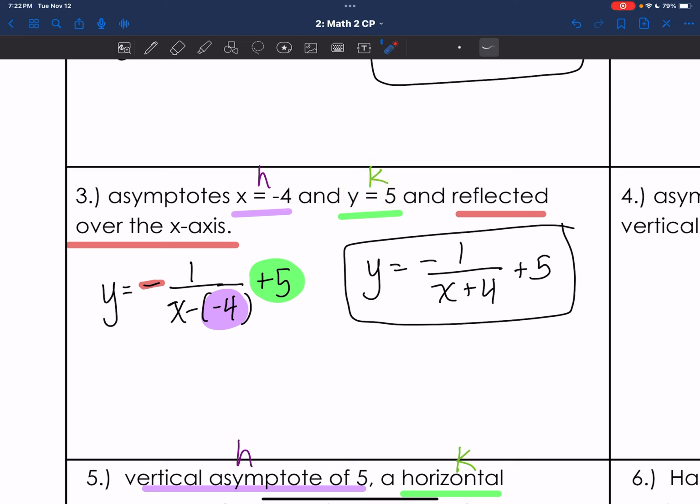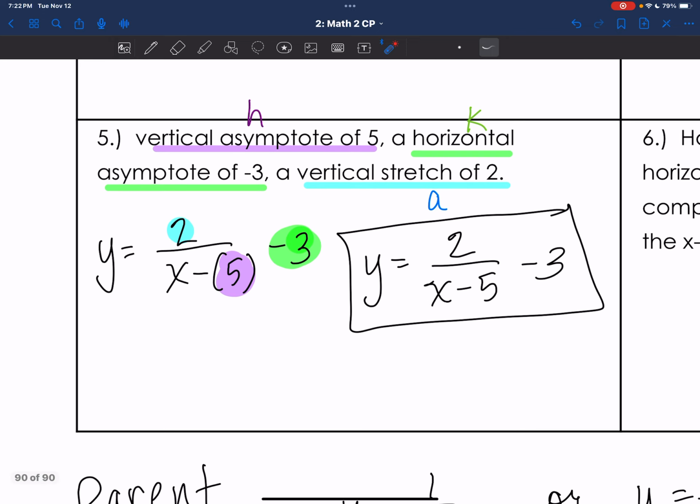And then the last part is it's reflected over the x-axis. Because it's reflected, you've got that negative. So let's go negative, and we change this, and this is the transformation. And then last, we have a vertical asymptote of 5. So again, it's just a different way to say your h value.